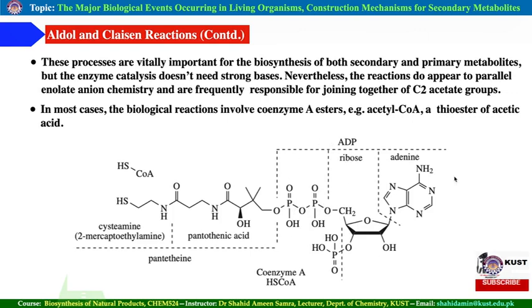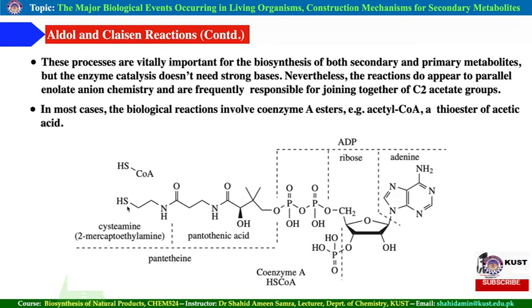Adenine plus ribose is known as adenosine, and this is diphosphate, so adenosine diphosphate. Along with that is attached the pantothenic acid part, and then there is the cysteamine part. Collectively, this is known as pantetheine, and overall this molecule is named coenzyme A.